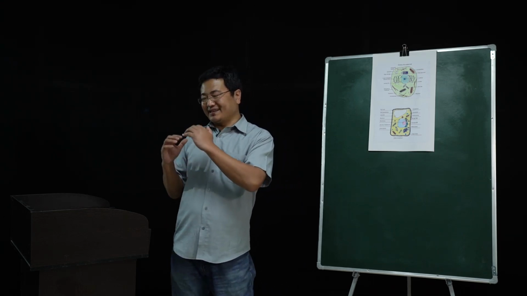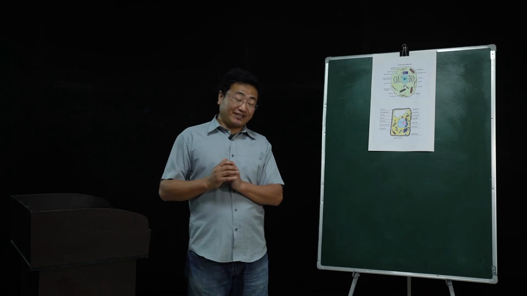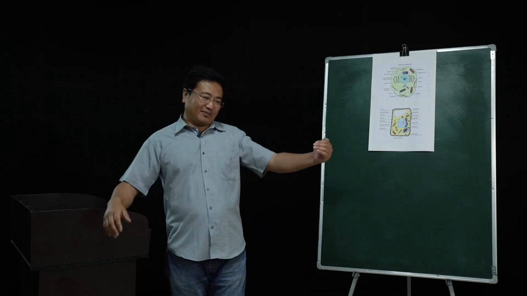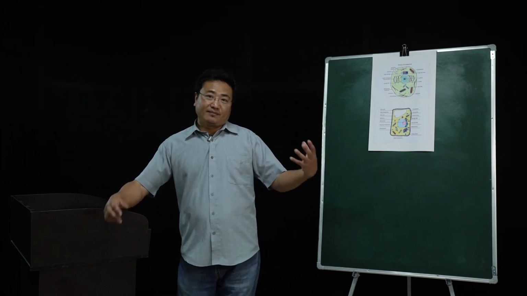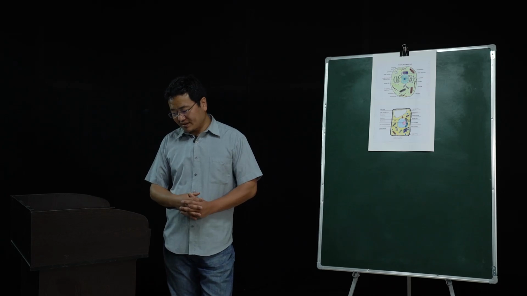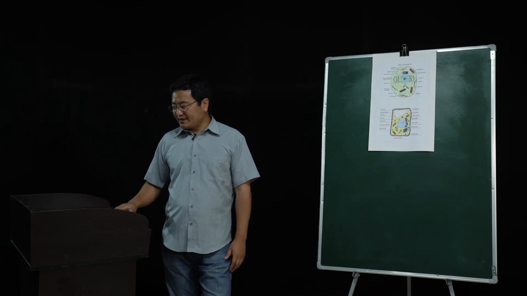I've told you that some of the largest cells are the egg of an ostrich, and some of the smallest cells are the cells of bacteria, which can be around 0.1 to 0.5 micrometer.